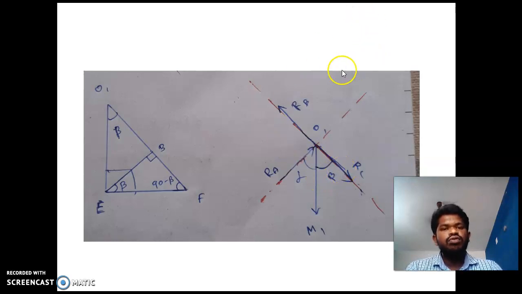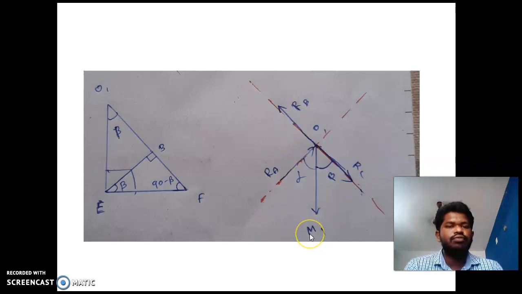Here four forces act on the particle. Here we cannot use Lami's theorem, because Lami's theorem is applicable only when three forces act at the point. Here four forces act at the point. So we are going to find the reaction forces RB and RA. So two unknown forces, two known forces.